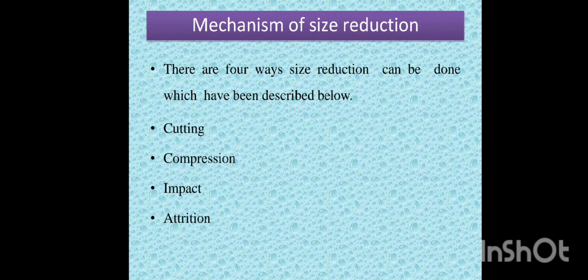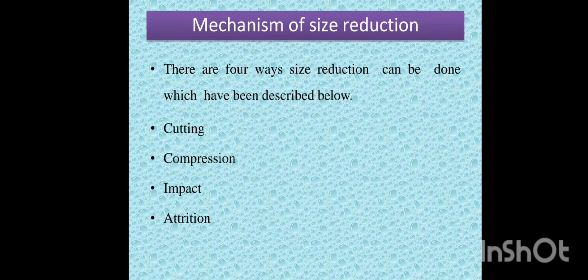But size reduction takes place with the help of four ways, such as cutting, compression, impact and attrition. Cutting is a mechanism of size reduction which takes place with the help of sharp blades. Compression takes place with the help of high pressure.